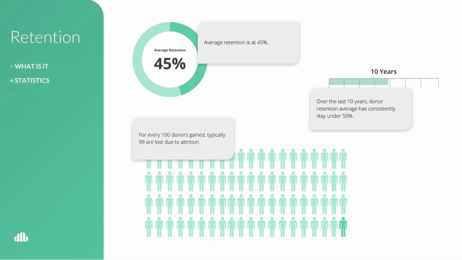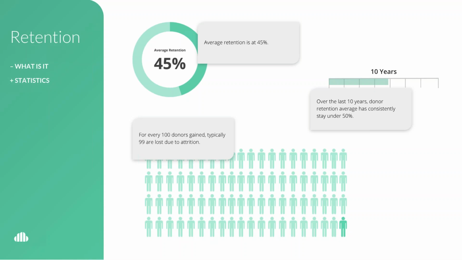If your organization is around long enough, your donors will all be lost to attrition at some point. So you have to make sure you're continuing to focus on acquisition.